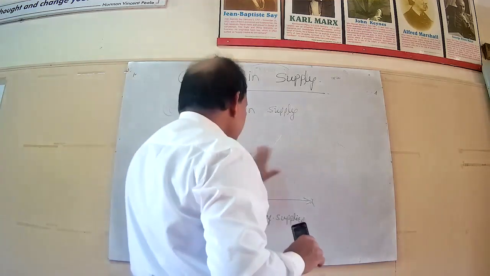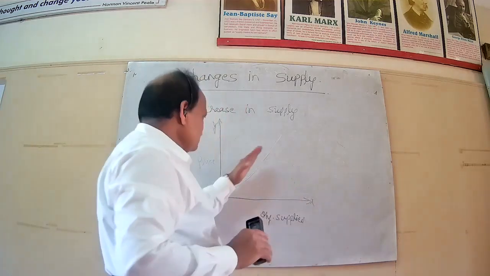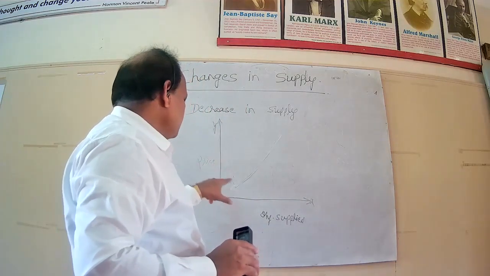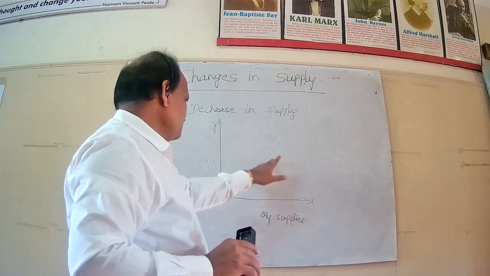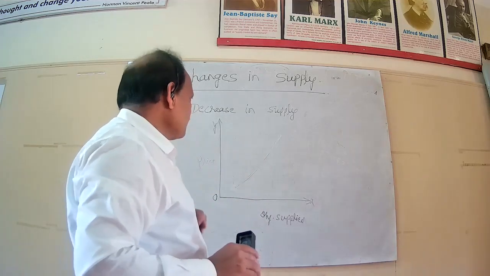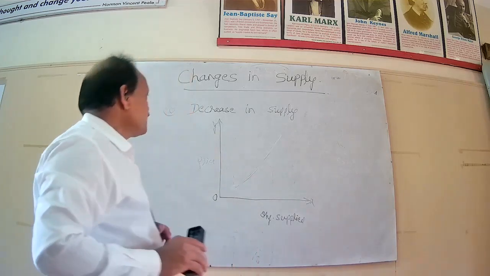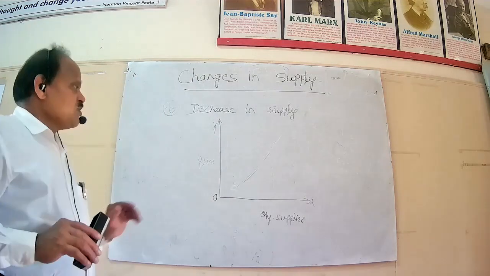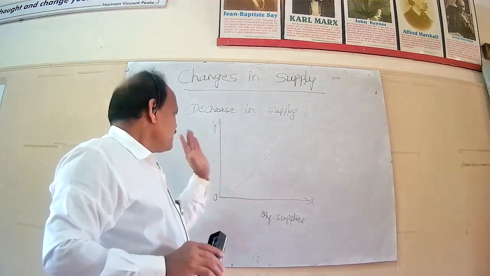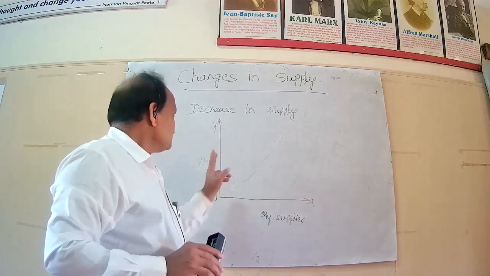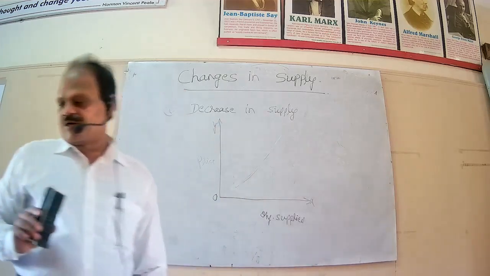So here there will be a shift in the supply curve, but in the leftward direction, and the movement will be in the leftward direction. Supply curve will be shifted to the left, and the movement is from A to B in the leftward direction. This will show decrease in supply.